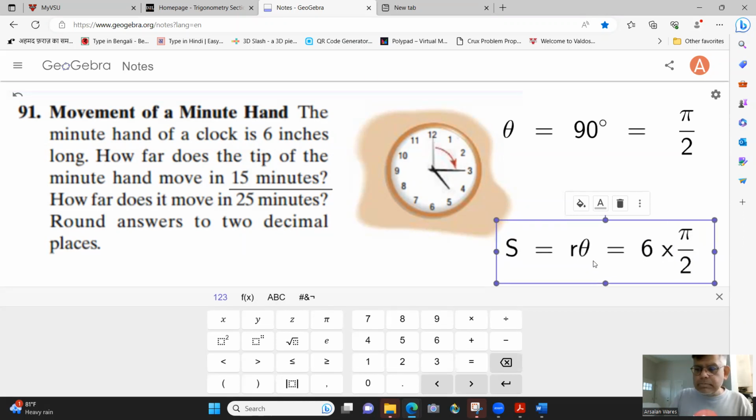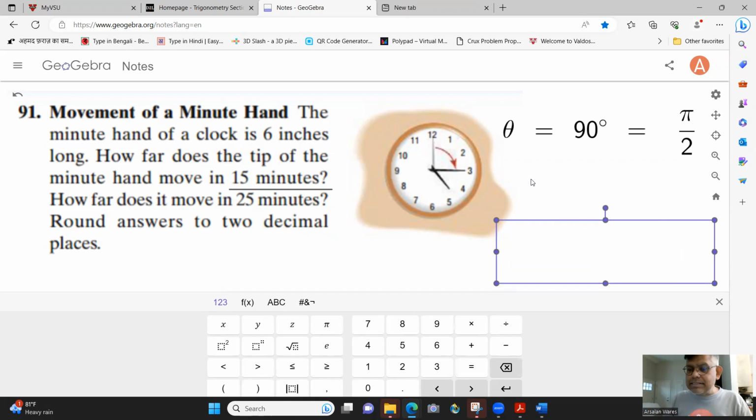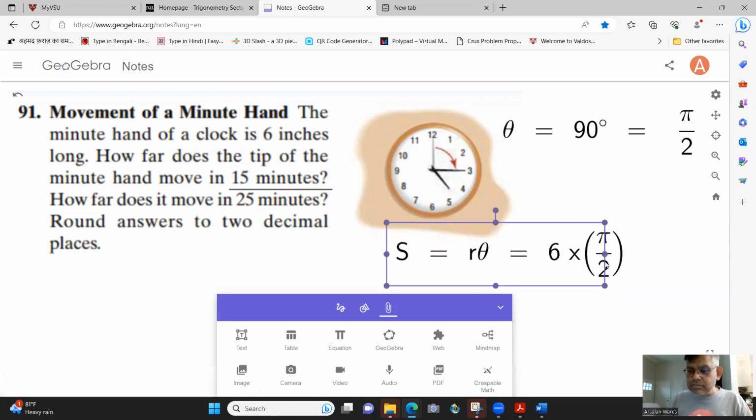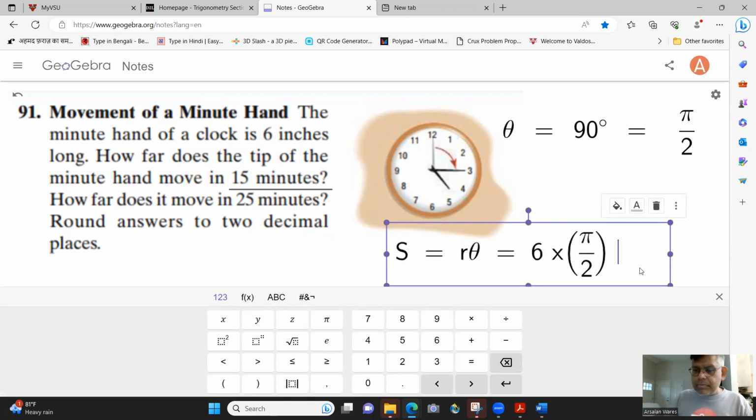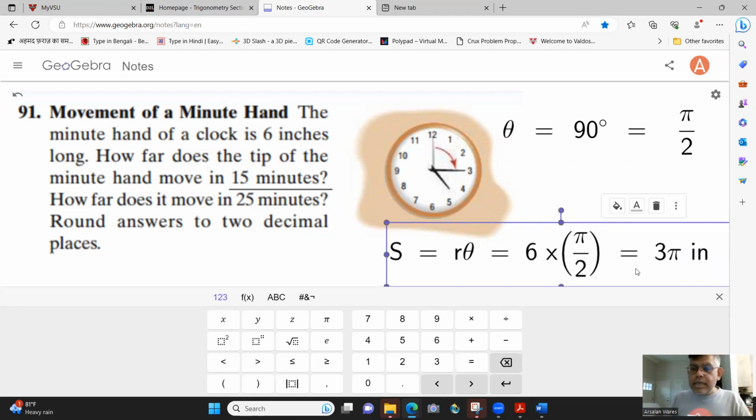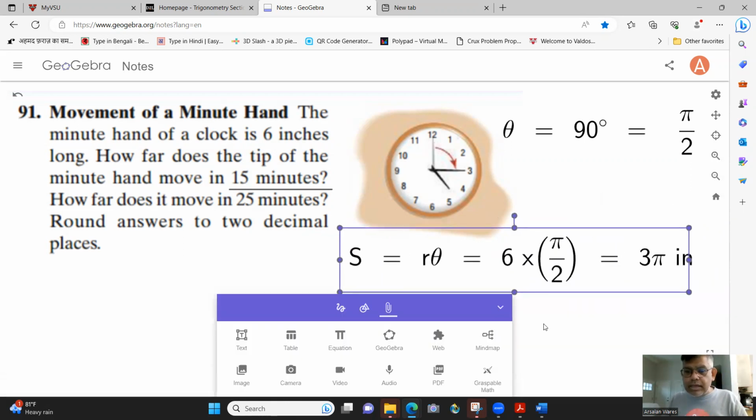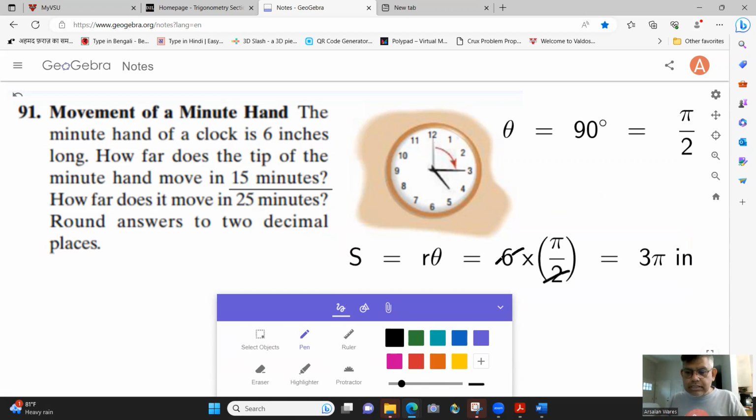And you might as well put a multiplication sign. And 6 and 2 can be canceled properly, and you're going to get 3 pi. And the unit will be inches. I canceled these two numbers and I got 3.